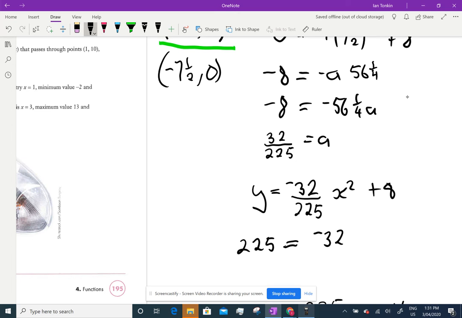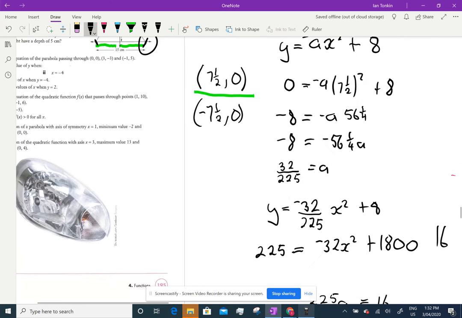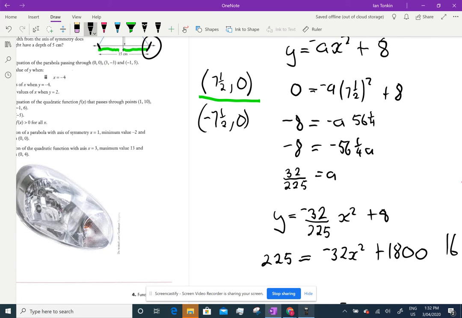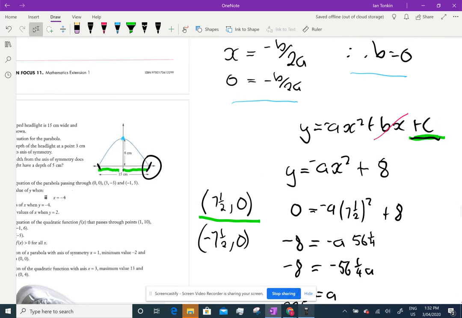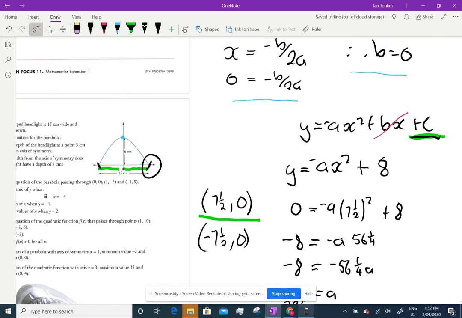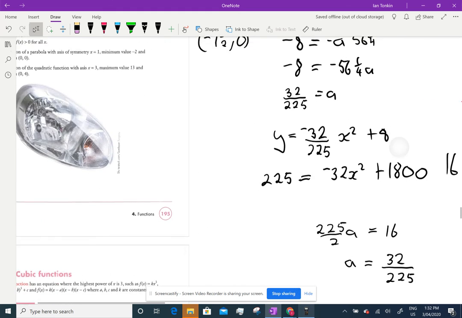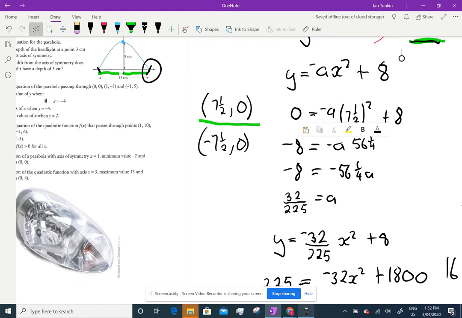Negative 32 x squared plus 1800, which is the answer. So by using our understanding of the axis of symmetry and substituting in 7.5, the roots being even, we came to the answer in a much quicker form.